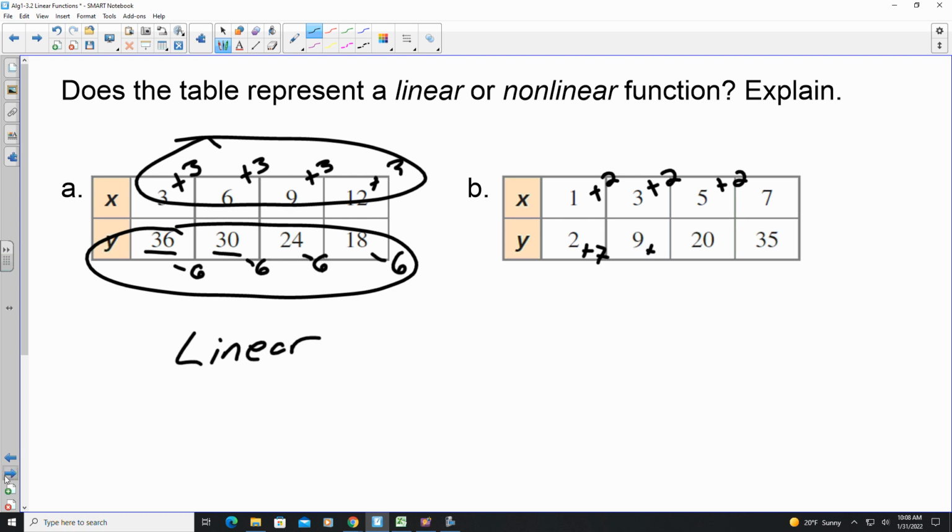Here, I'd have to add more than that, looks like 11. And then looks like I'd have to add 15. See, there's no consistency here with the y coordinate, and since there's no consistency, it's not considered a constant. So since there's no constant value, it is considered to be non-linear.